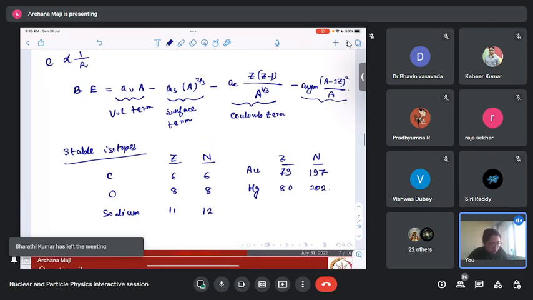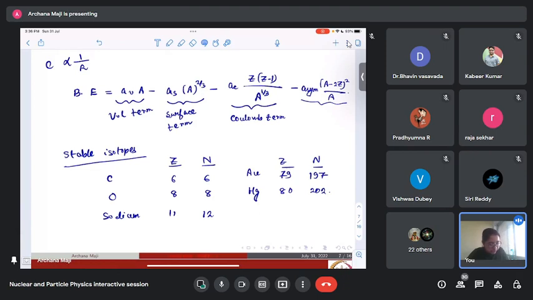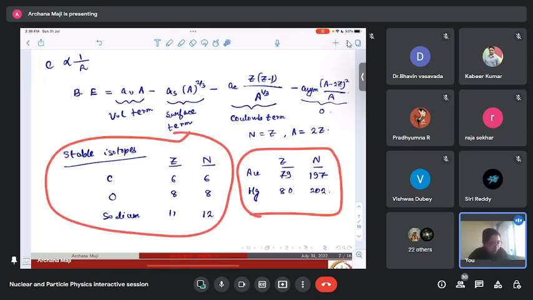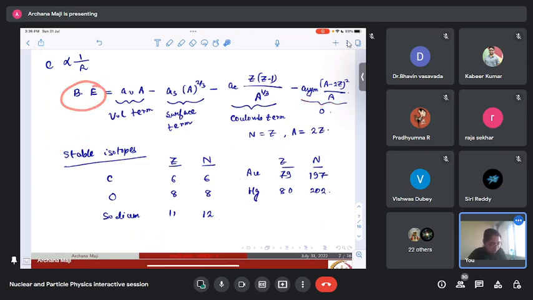So in order to do that, this is how that information is incorporated. Here, if the neutron number is equal to the proton number, then A, the mass number, becomes 2 times Z. So then that term becomes 0 for these kinds of elements. But for these elements, that term gives some contribution to the binding energy.